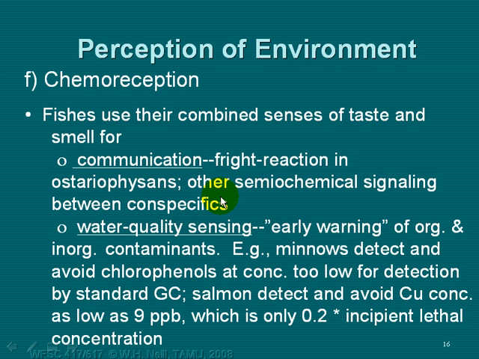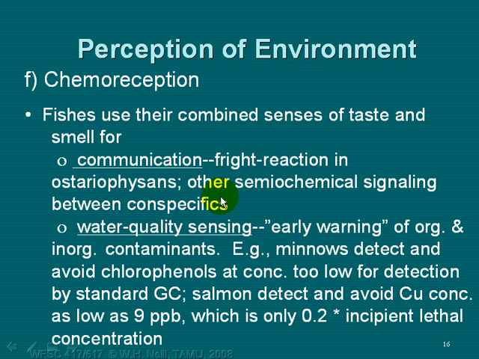So these are kind of out there beyond where we are, talking about what might be. Water quality sensing: some people like Andy Deason used to argue that fish use olfaction to detect the presence of contaminants and avoid places where contaminants are concentrated, and that some minnows can detect and avoid chlorophenols at concentrations that, back in those days, you could detect with the best chemical methods in the analytical lab with gas chromatography.